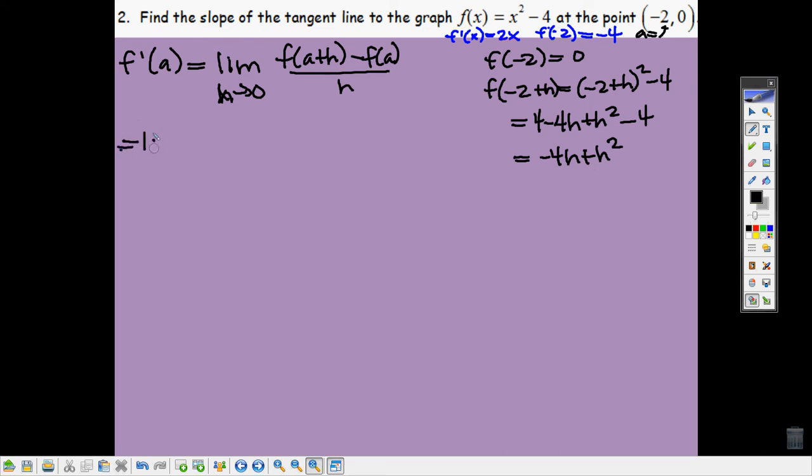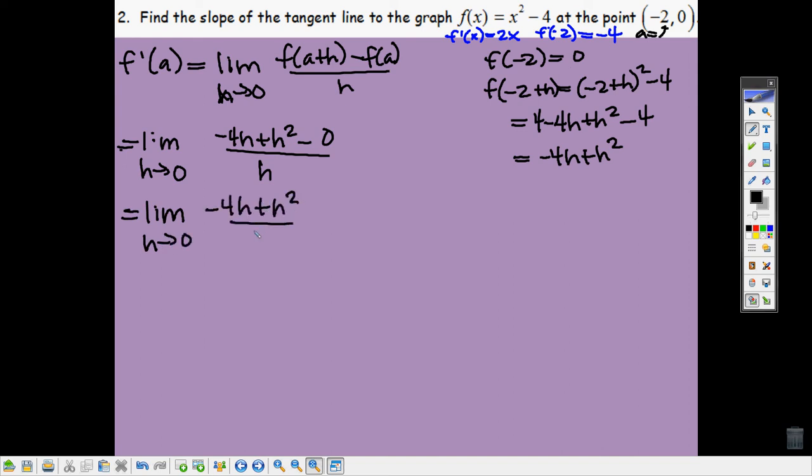So I have then the limit as h approaches 0 of f of a plus h, which is this quantity, negative 4h plus h squared, minus f of a, which was 0, all over h. Remember our ordered pair, right? F of negative 2 is 0. So that gives me the limit as h approaches 0 of negative 4h plus h squared over h.